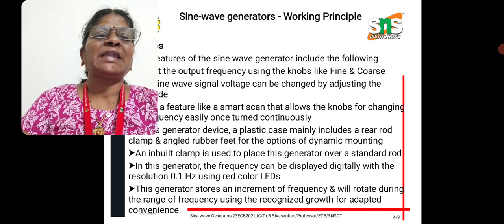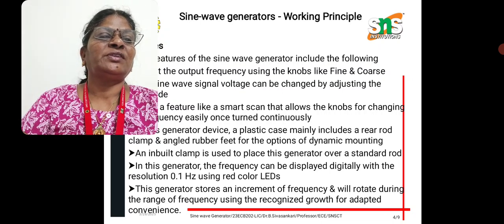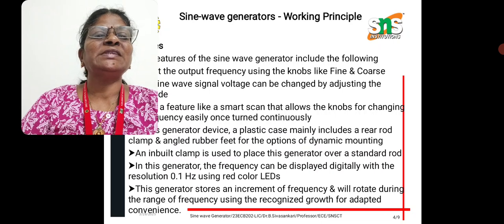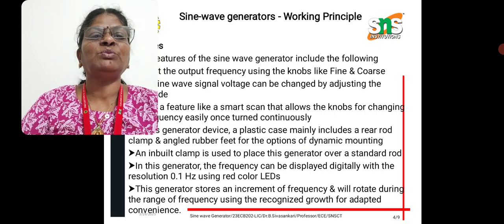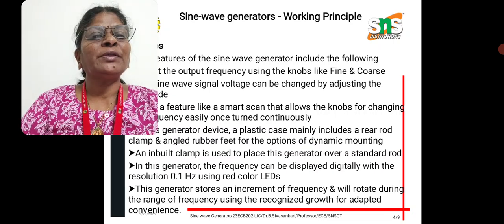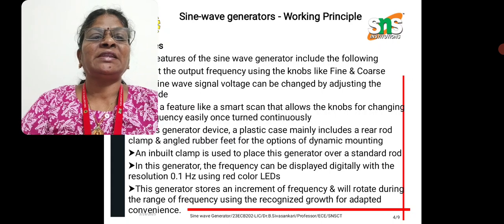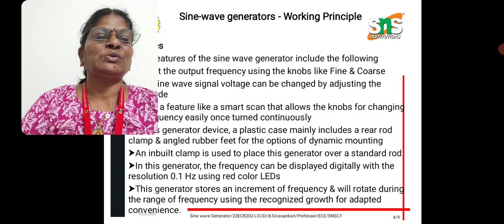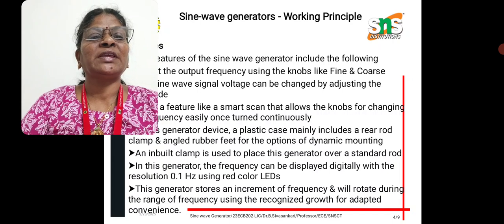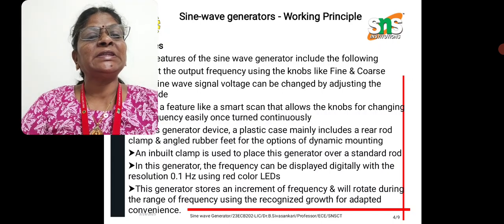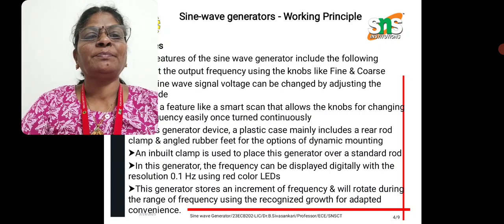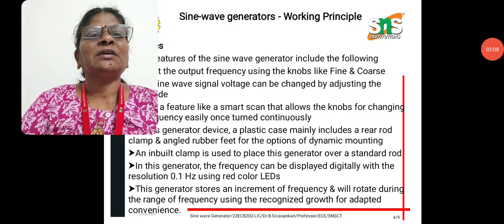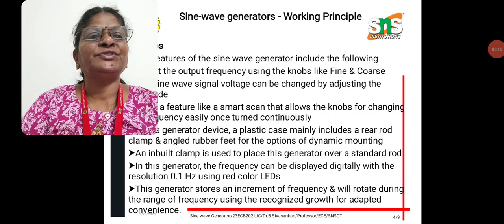An inbuilt clamp is used to place this generator over a standard rod. In this generator, the frequency is displayed digitally with a resolution of 0.1 Hz using red LEDs. This generator stores an increment of frequency and will rotate through the range of frequency for added convenience. Okay, so these are all the features.